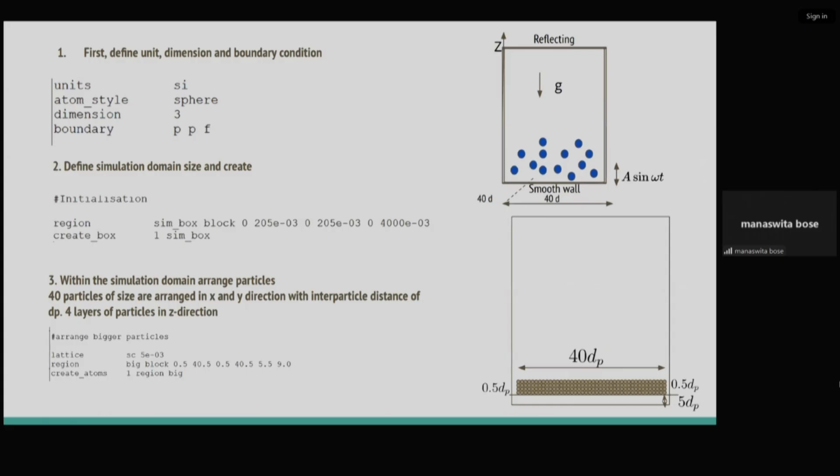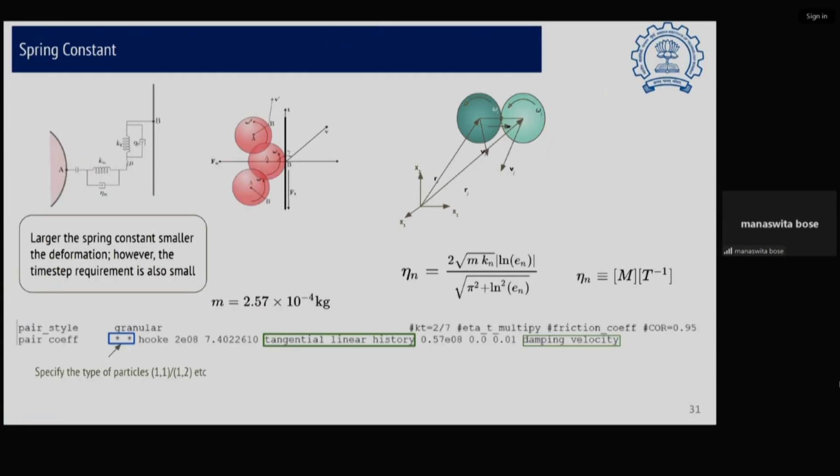This is how you set up the problem in LAMMPS, so one can explore. I will not go through it in detail, but you can see that you set up the units, you set up the atom type, which is sphere, dimensions, boundary, initialization, arrange the particles, set up the contact.